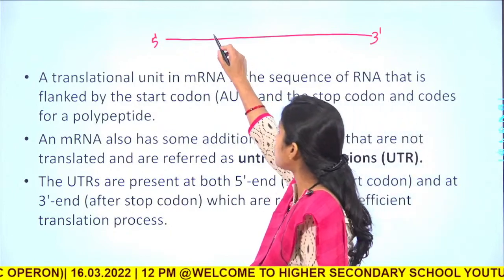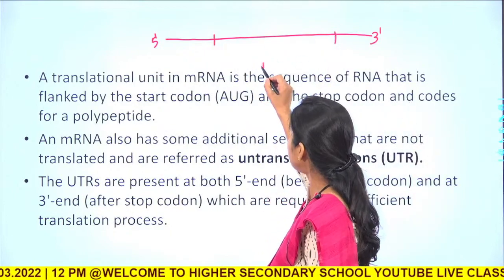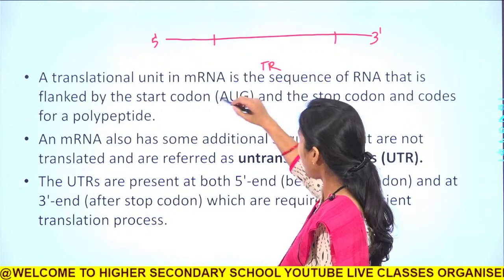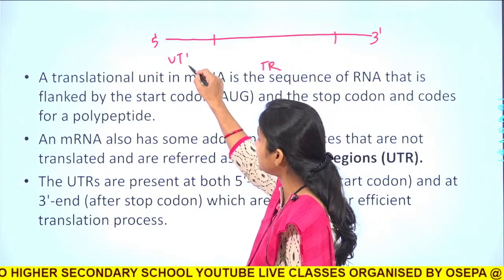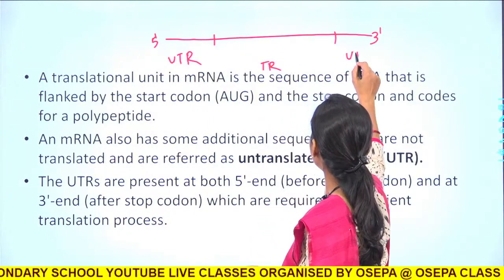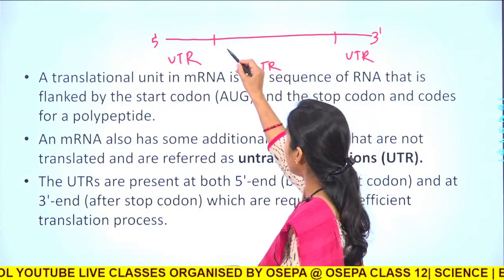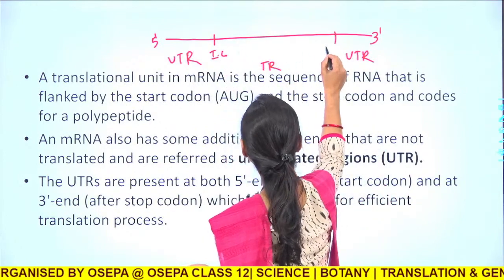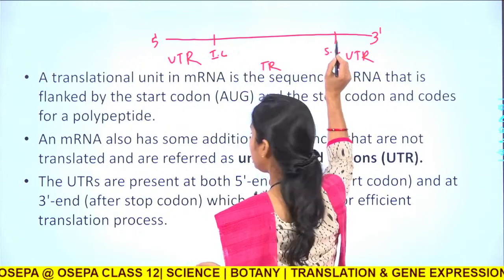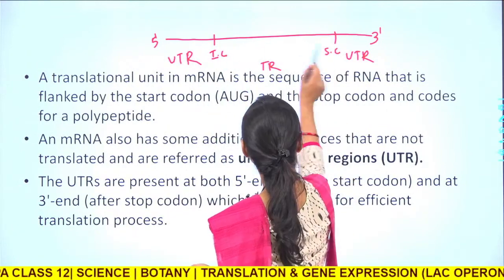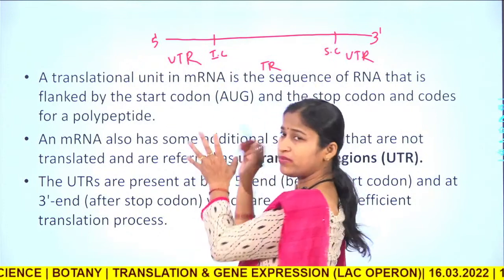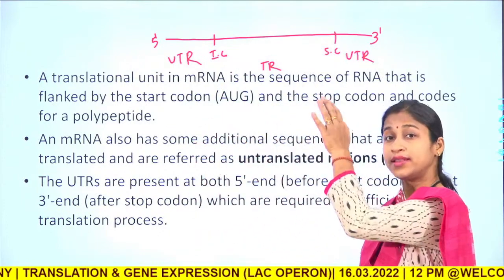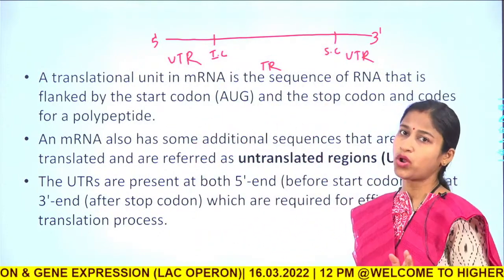Rather, there will be a certain portion which is the translated region, whereas the other regions are called untranslated regions. The translated region has a boundary which starts with the initiation codon and ends at the stop codon or termination codon. Within this boundary, whatever regions are flanked will be translated into a polypeptide.